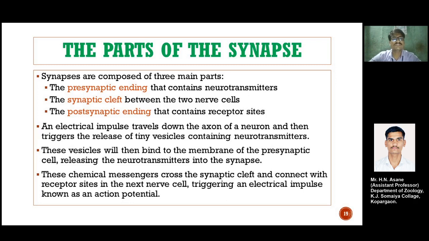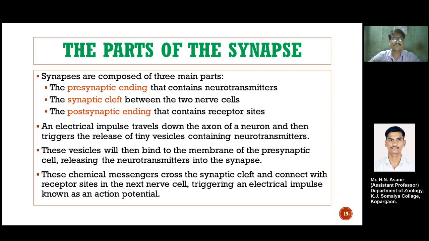On this postsynaptic ending, there are specialized receptors which can recognize specific chemical signals, and the signals attach to those receptors at the receptor site. When an electrical impulse travels down the axon of a neuron, it triggers the release of tiny vesicles containing the neurotransmitters.